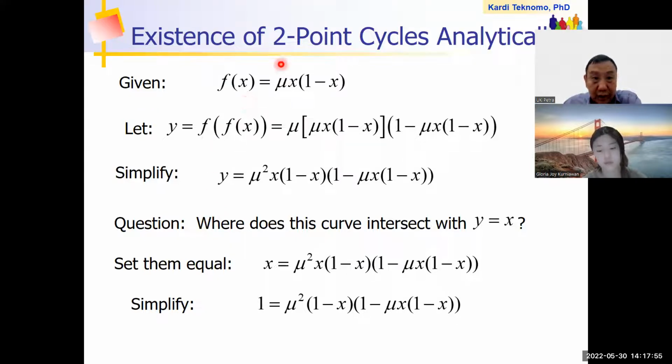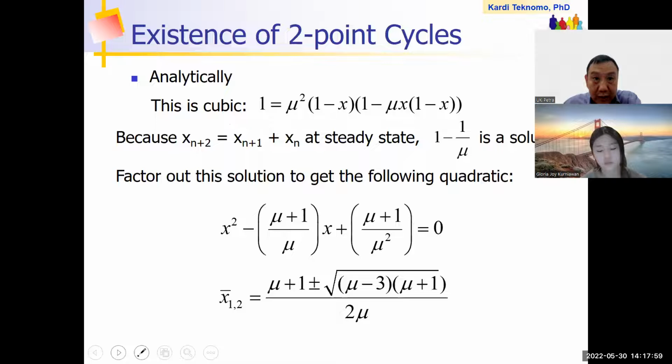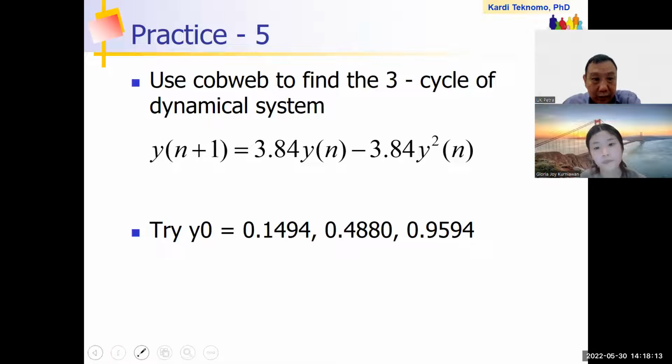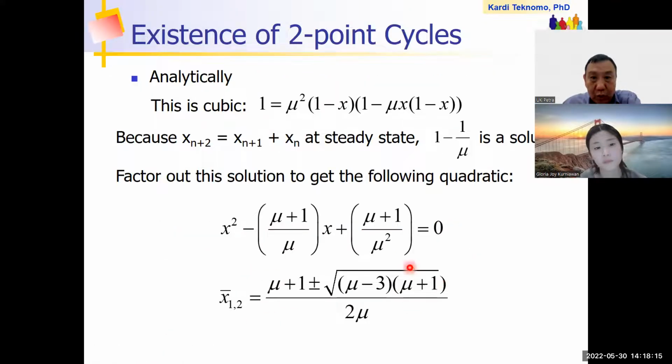This is the derivation to get the 2-point cycle. And it says that, look, if we derive it that way, you will know this is the value of mu. So then you can get the 2-point cycle based on this. This mu will create this 2-point cycle.